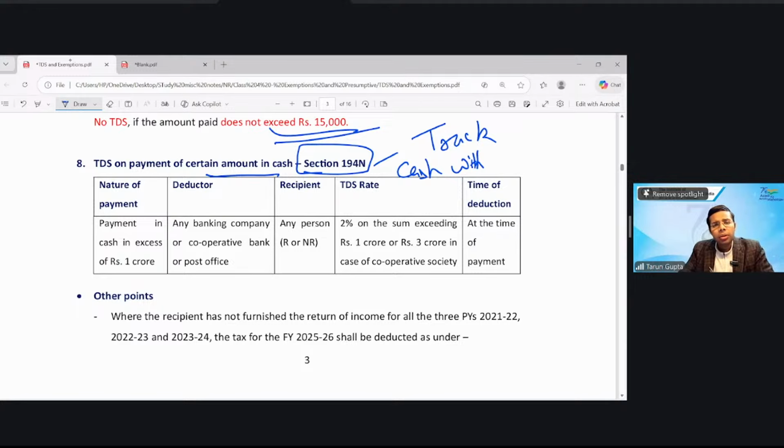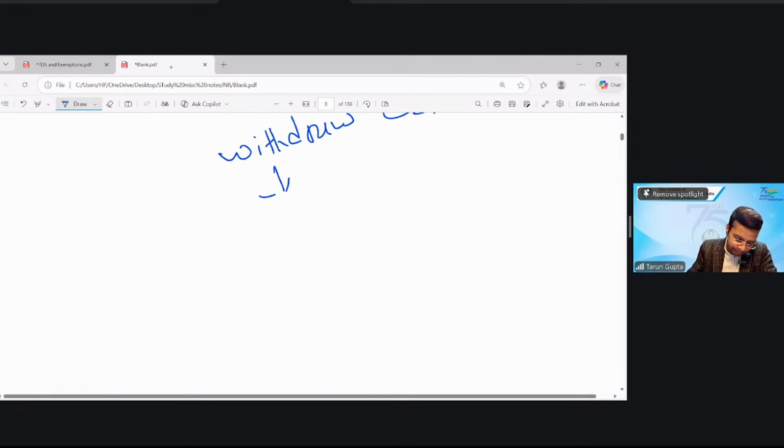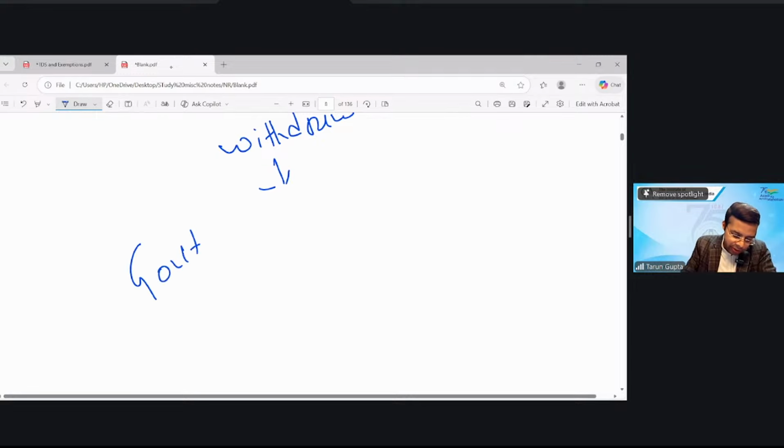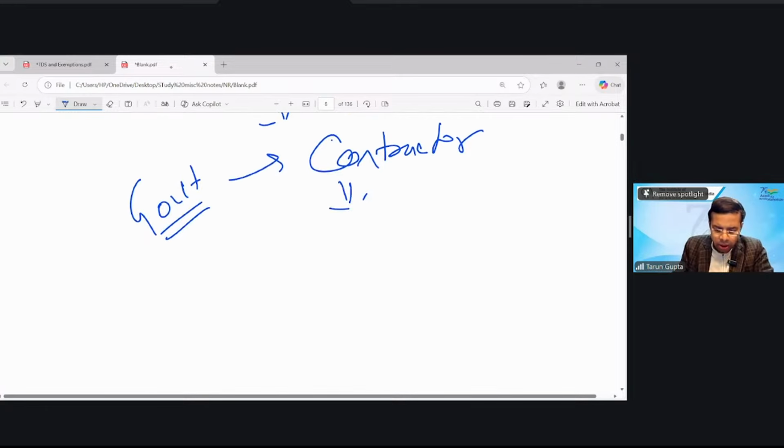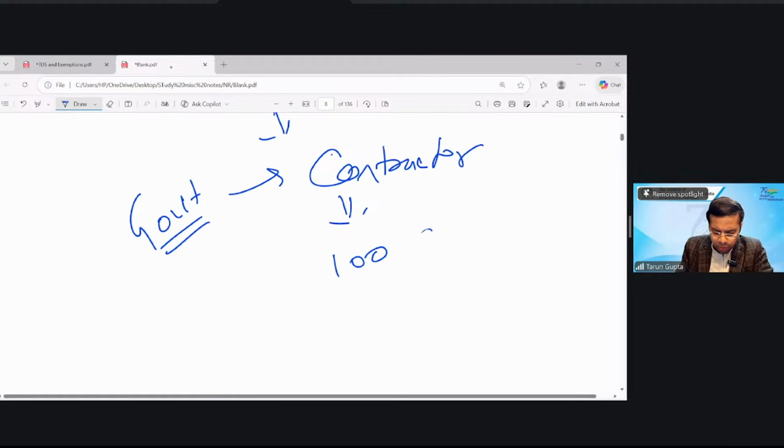When we discuss this, we will discuss in detail why 194N came. If I just touch upon it, one of the reasons 194N came was to curb corruption as well. See, what happens is a government department gives a contract to a contractor for, say, rupees 100 crores to build a bridge, a flyover, a road or something.